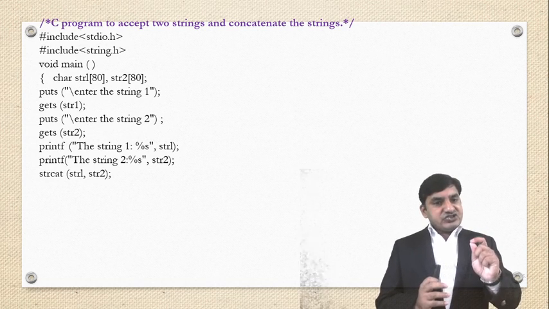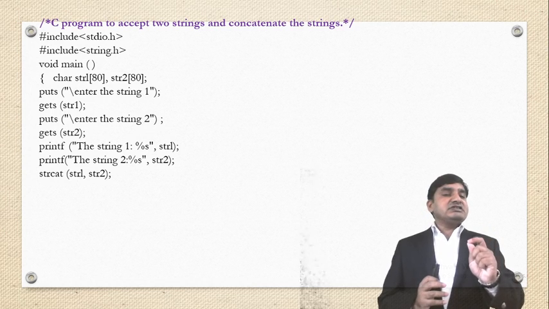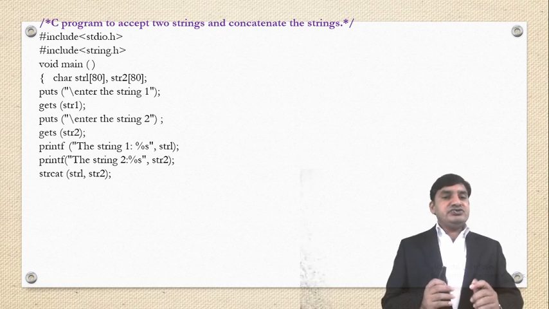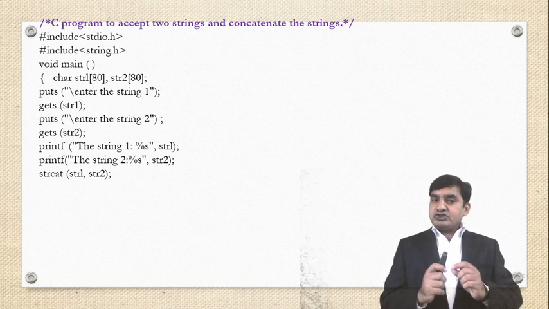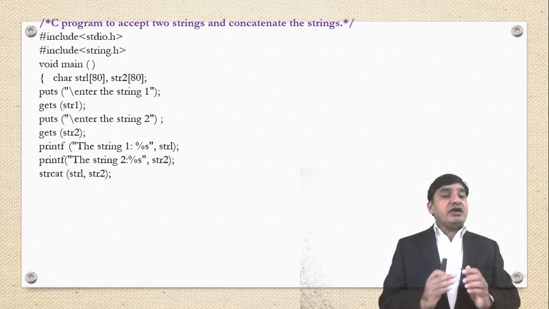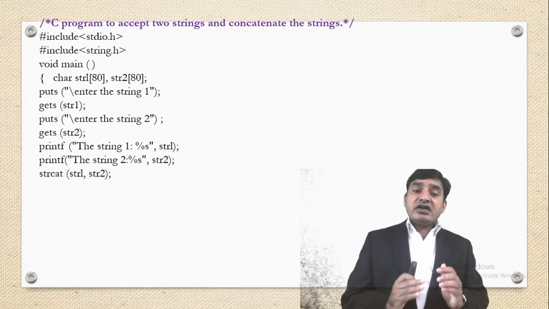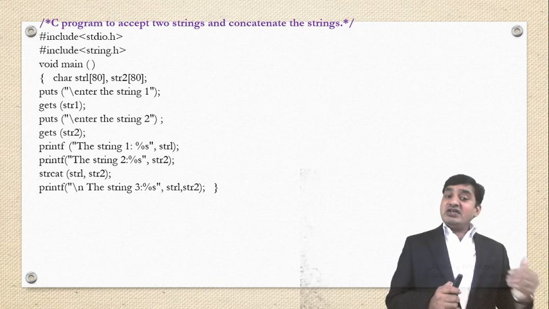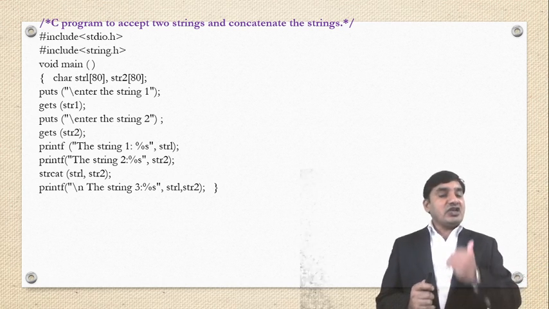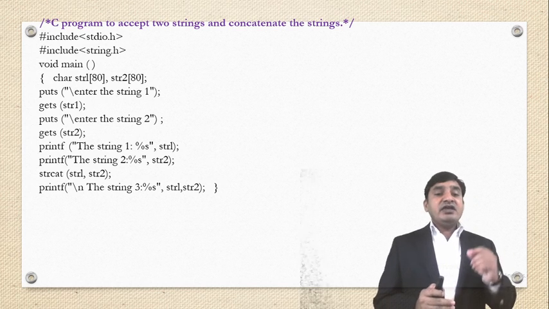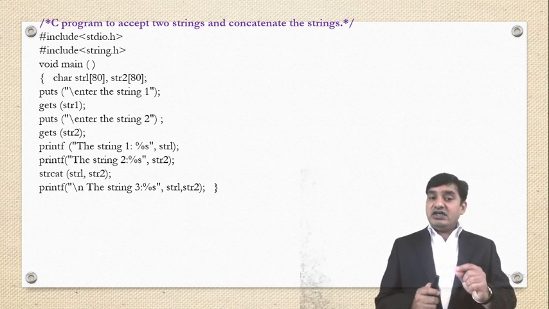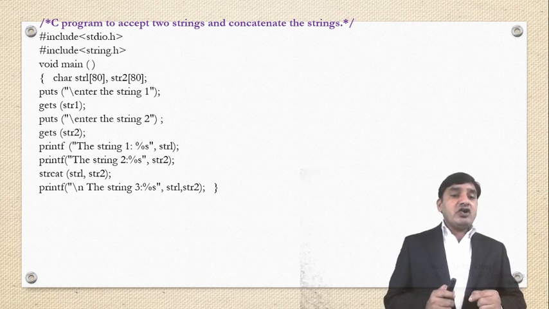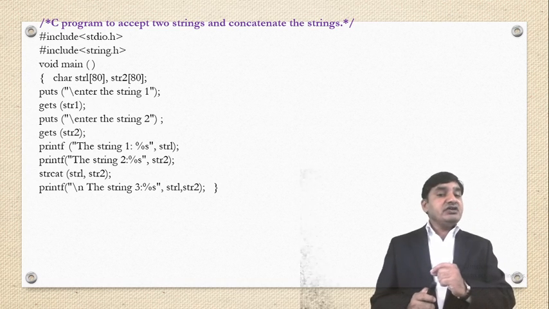Now the string which is entered by using gets str1 and the second string which is entered by using gets str2, these two strings are combined by using this strcat function. Now we have to display string 3 on a screen. For that we use the output function, that is the string 3 is percentage %s. String 3 is a combination of string first and string second.